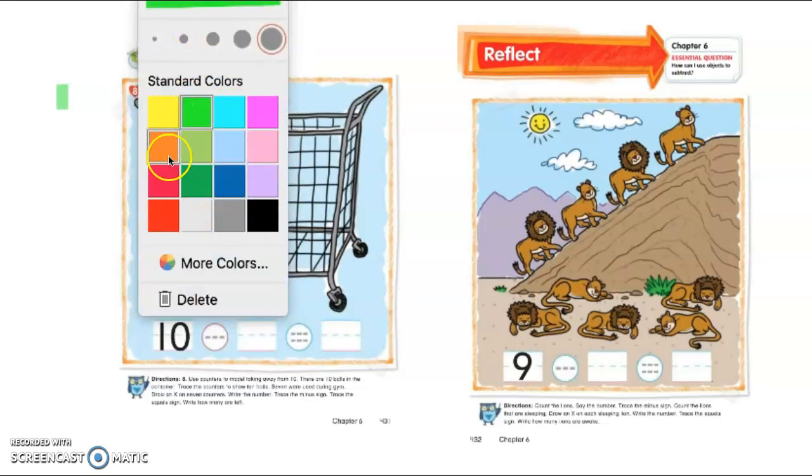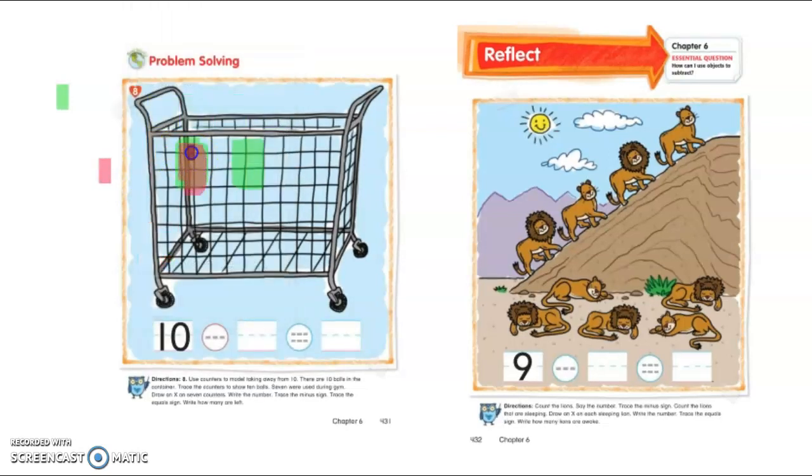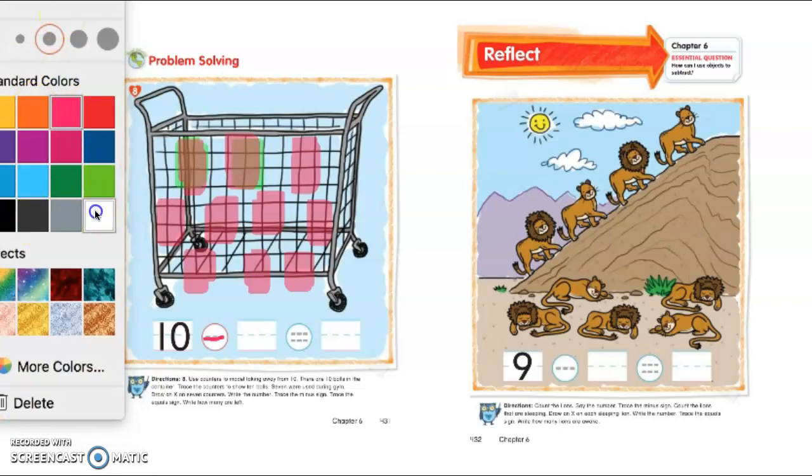Okay, 10 balls in the cart. They've already put 10 for us, but we need to trace the minus sign. 7 of these balls were used during gym, so we're going to put an X on 7 of the balls.